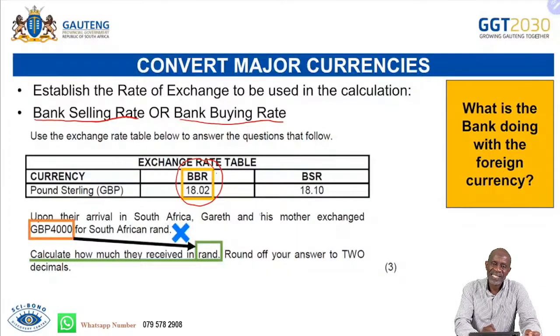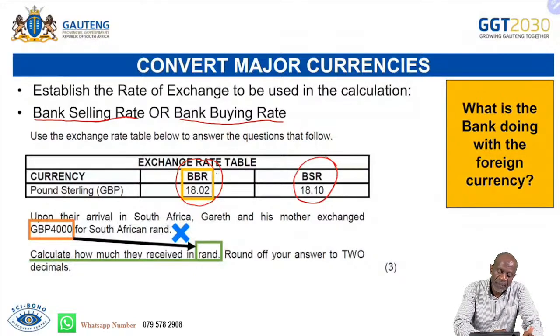But the scenario changes when you want to buy foreign currencies. If you are a South African, you want to buy British pound from the bank, they are not going to use the bank buying rate. Instead, they are going to sell the notes to you and they will use the bank selling rate.